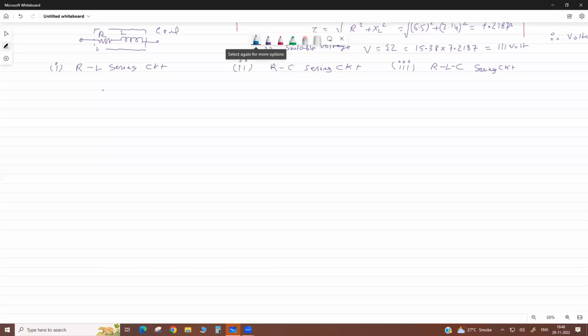Here there is a resistance and an inductor in series. Here there is a resistance and a capacitor.